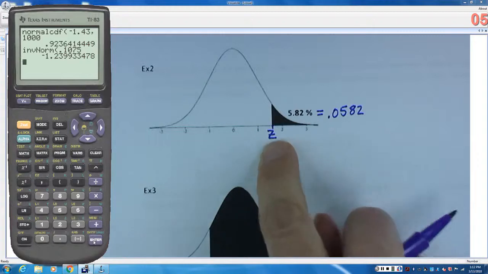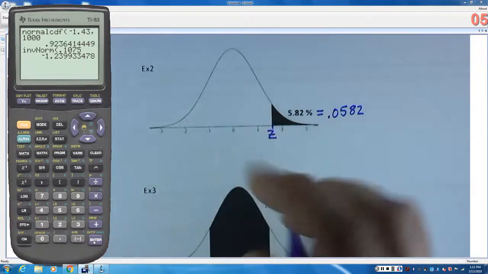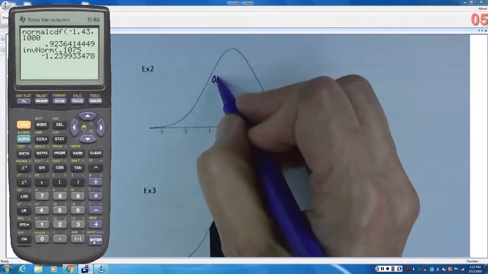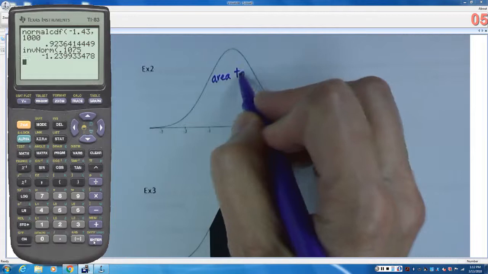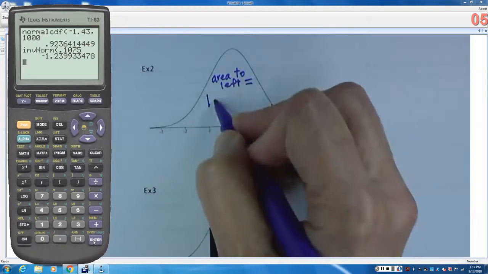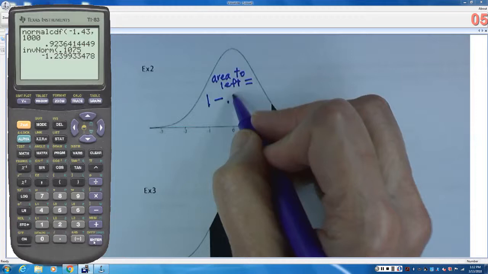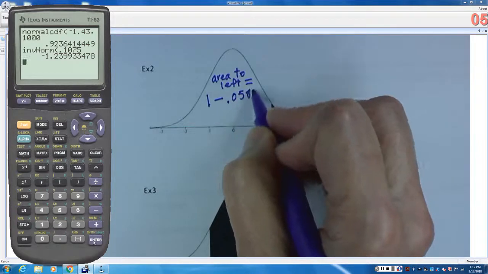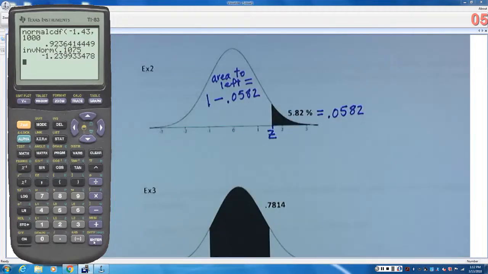Well, the calculator requires the area to the left. What's the area to the left? Because the whole area is 1, we're going to subtract 1 minus 0.0582. You have to put in the area to the left. The calculator requires that.